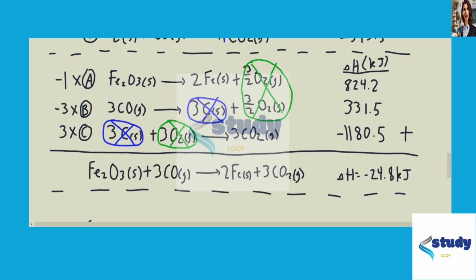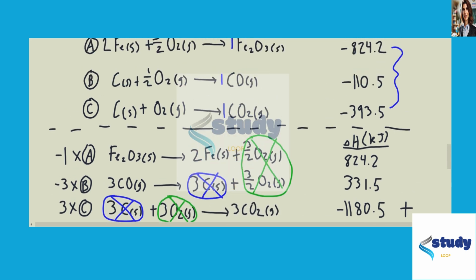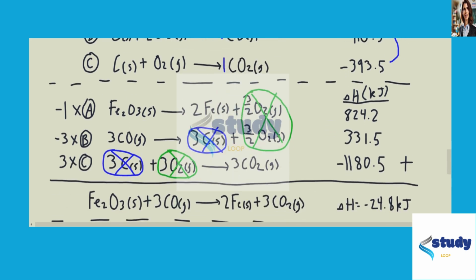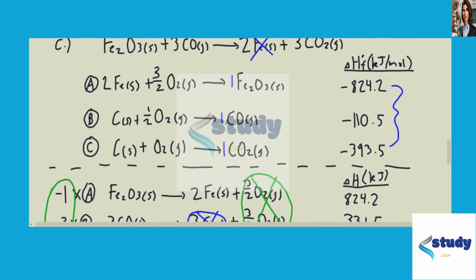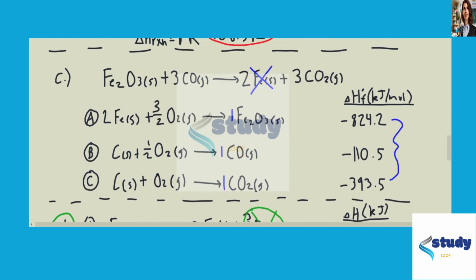And when we combine all of those together, we have to multiply each of the given delta H values by the factor by which we flipped and manipulated those equations. So we multiply the first one by -1, the second one by -3, and the third one by 3. The reason that we use those coefficients is because we know that we need 1 mole of Fe2O3 as a reactant, but it is formed as 1 mole of a product, so we have to flip the first reaction by -1.